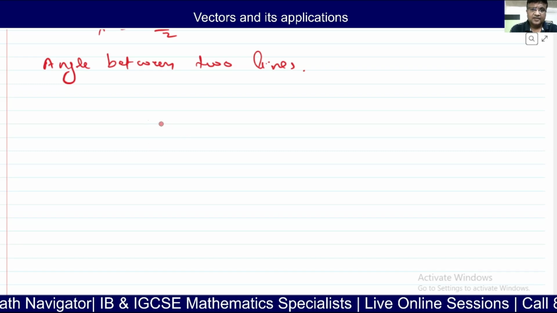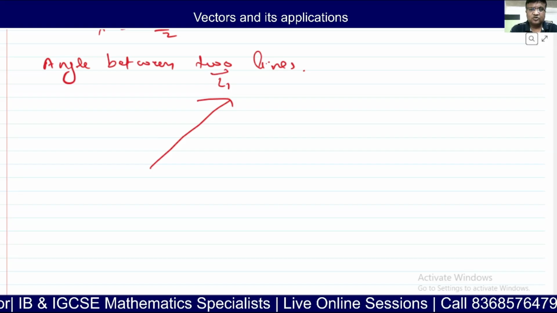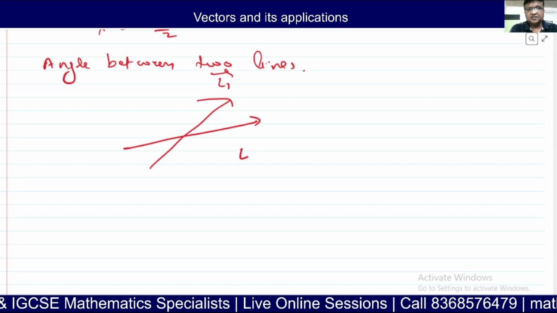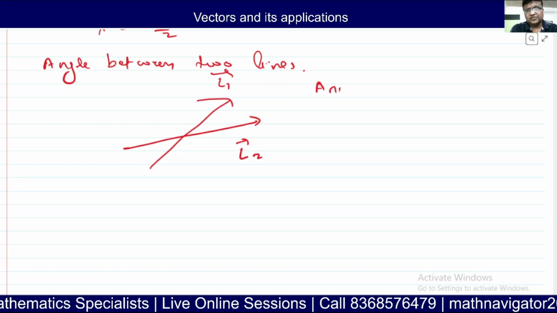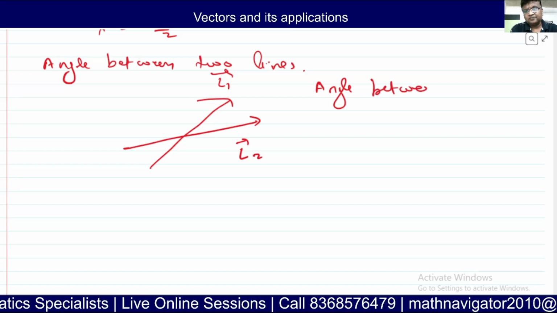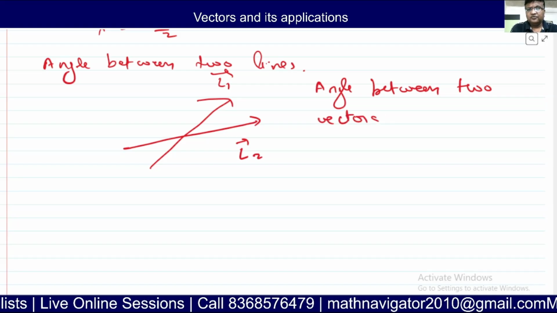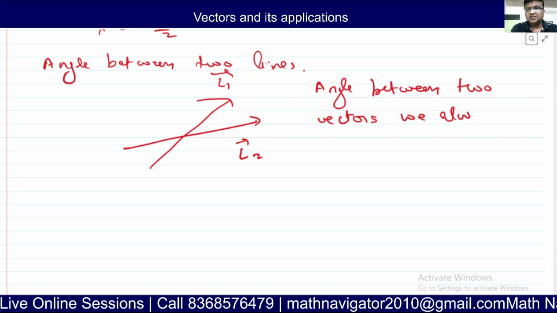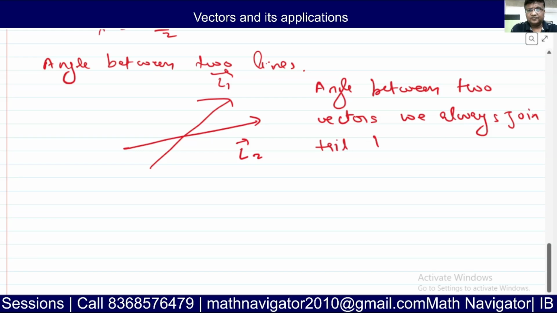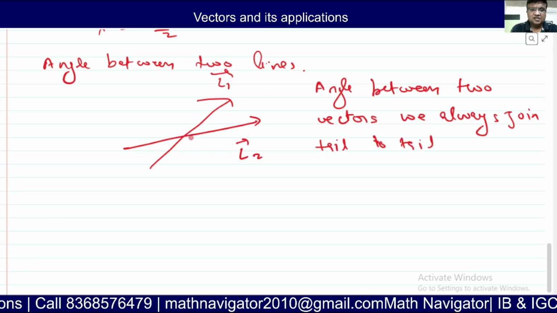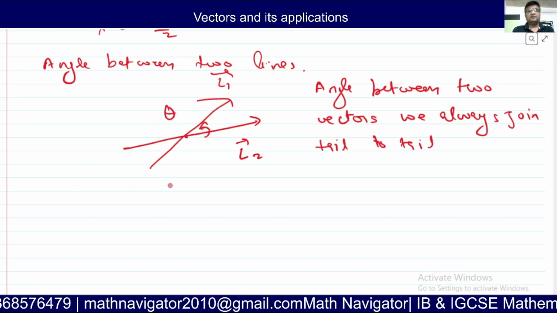Let's say this is one line, let's call it L1. Since it is a vector quantity, I'm writing it this way. And this is vector L2. When we talk about the angle between two vectors, we always join them tail to tail. If I find this angle theta, this is the angle between the two lines.